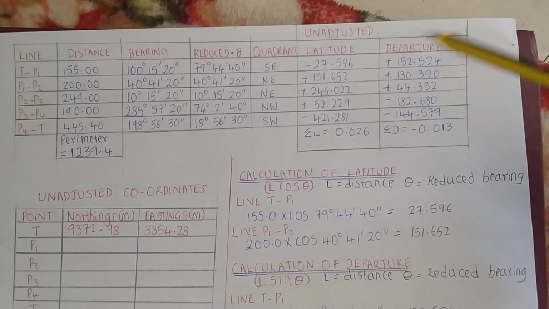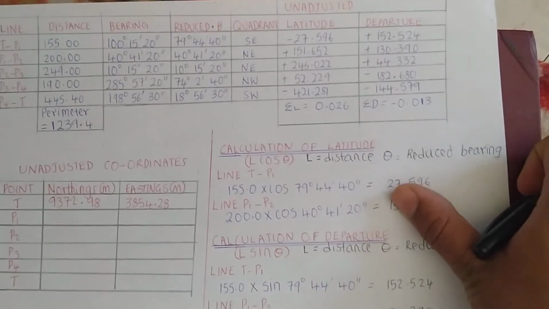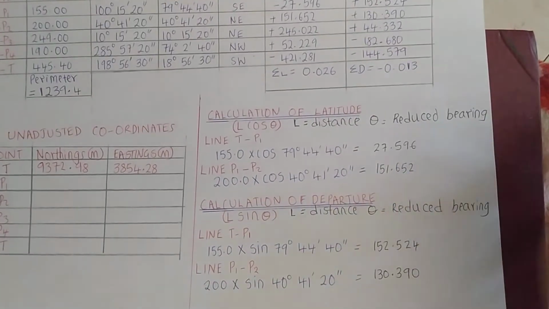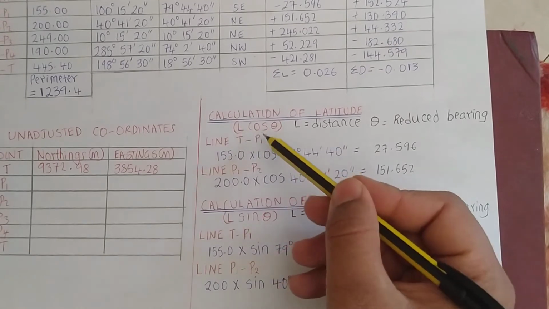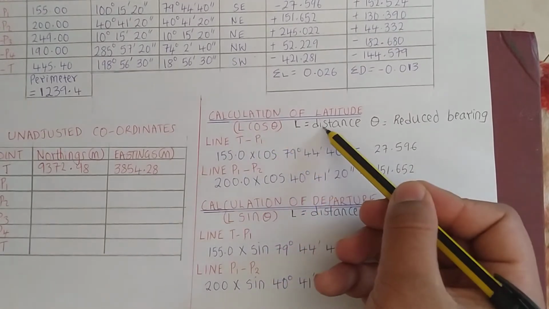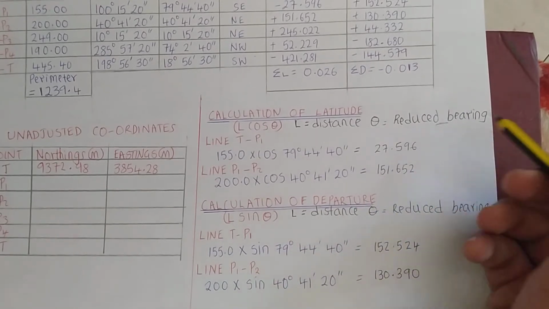I'll show you how to calculate the latitudes and departures first of all. I've done it over here. When you are calculating latitudes, the formula is L cos theta, where L is our distance and theta is the reduced bearing.